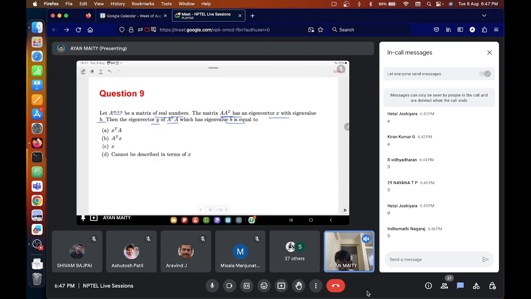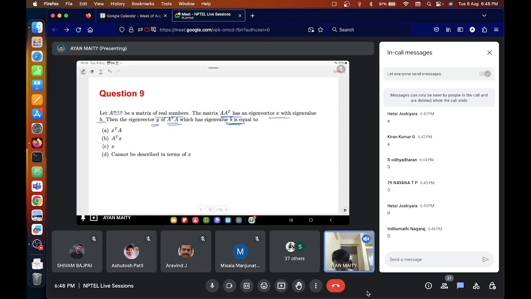You have to find the eigenvector Y of A transpose A with the same eigenvalue B. The options are X transpose A transpose X, and the last option is cannot be described in terms of X.